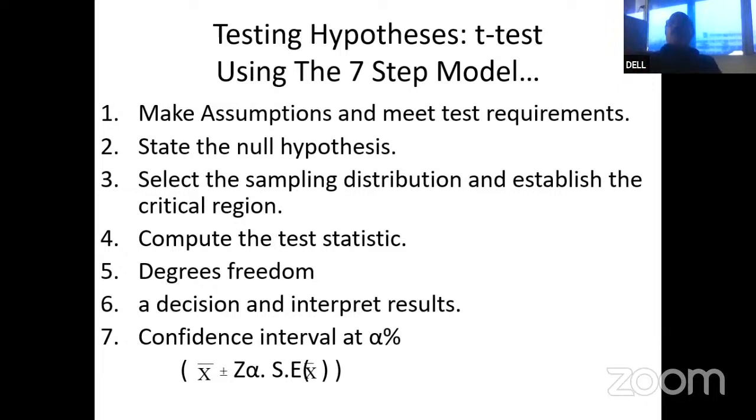That means whatever small sample characteristics, mean, standard deviation, correlation, whatever characteristics. Compute the test statistic. Based on those sampling distributions, we have to compute the statistic. Here we can see the degrees of freedom. In this particular aspect, degrees of freedom is nothing but sample size minus 1. After that, the decision and interpretation of the results.